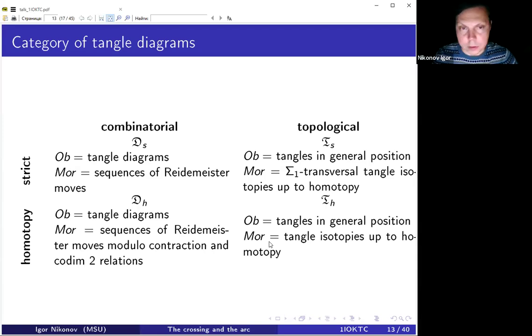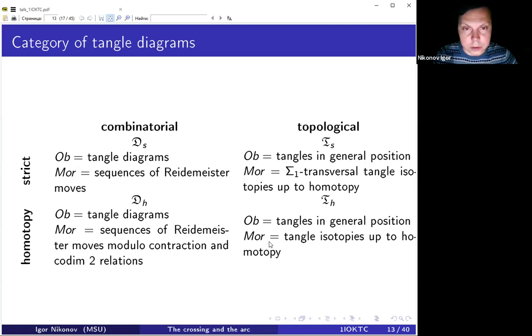And if we consider all possible isotopies between two tangles, then we get a so-called homotopy topological category, and this category is equivalent to a combinatorial homotopy category, whose objects are diagrams and whose morphisms are sequences of Reidemeister moves modulo some relations.